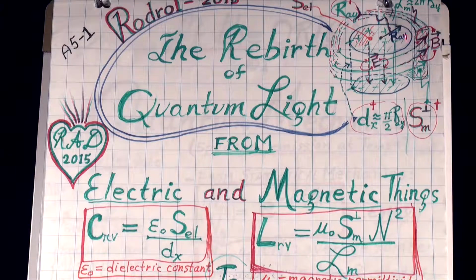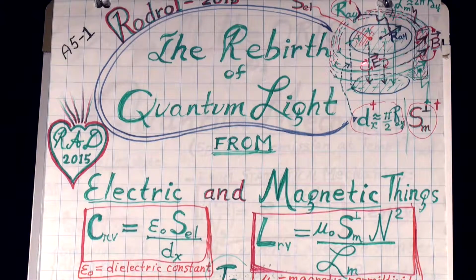Visualize that when you have electric charge there, positive and negative, if a fluctuation exists between these charges, that will generate a magnetic field around this.